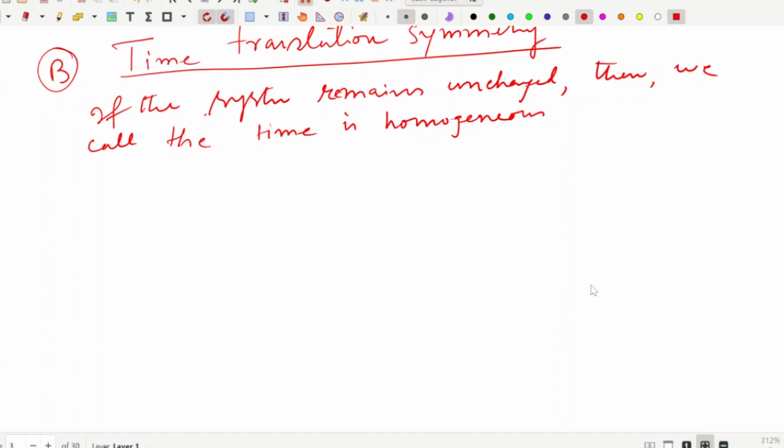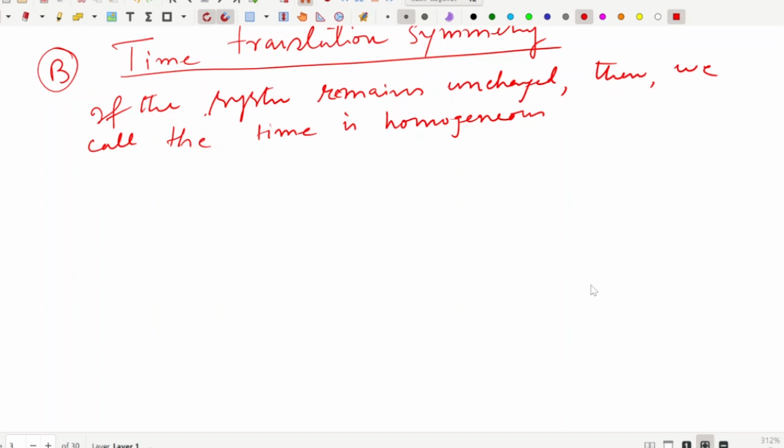Similarly, for a free particle, I already mentioned the space is also homogeneous. So, when you look at the dynamics at some place, and at a different place, it will have the same dynamics. You will have motion in a straight line without changing its direction. Okay. So, physically these are the meanings.